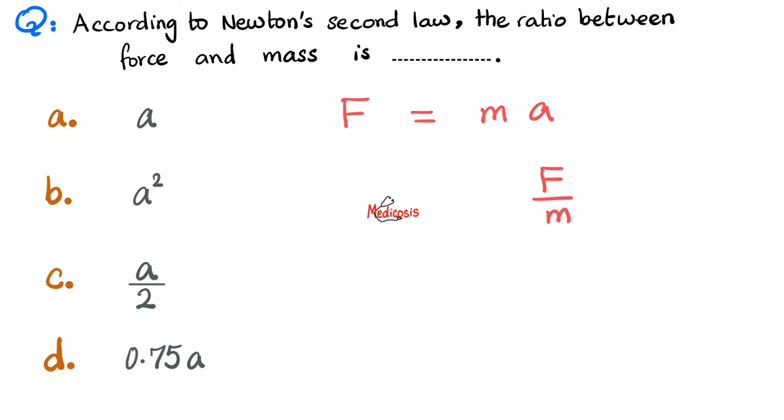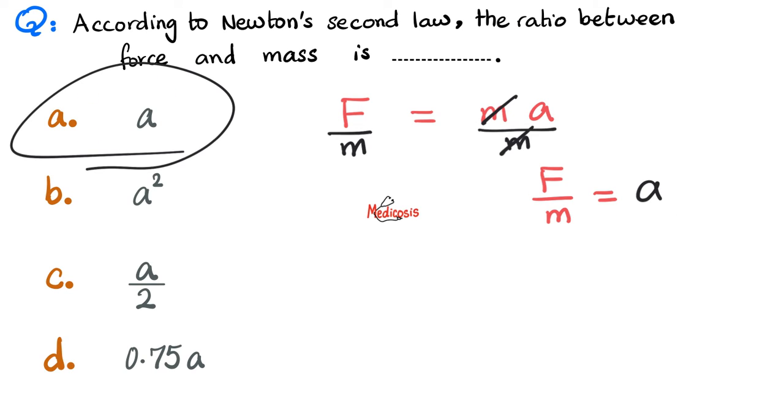Let's rearrange this equation to get this. By dividing both sides by m, you get force over m, which is exactly what I want. And when you divide the other side by m, you cancel the m with the m, and you are left with an a. So F over m, i.e. the ratio between force and mass, equals acceleration. And the correct answer here is a, as in atrocious.